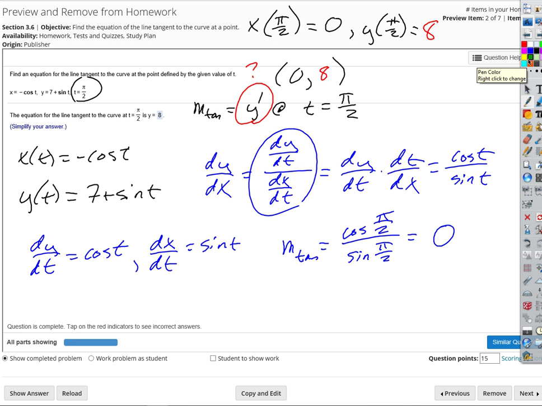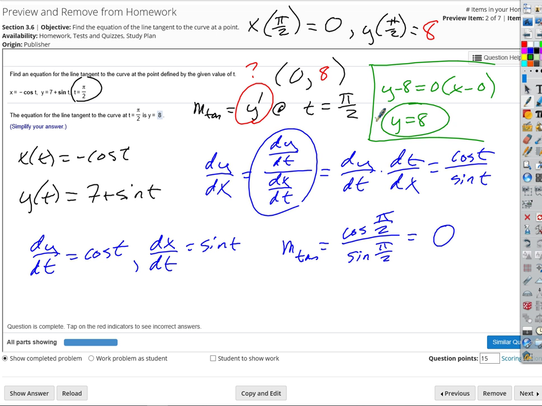If the slope is 0 and it's going through the point 0, 8, it's just going to be y equals 8, right? But even if we went through the whole process of putting it into point slope form, I'd get y minus 8 equals 0 times x minus 0. Well, what do I get? Y equals 8. Okay?